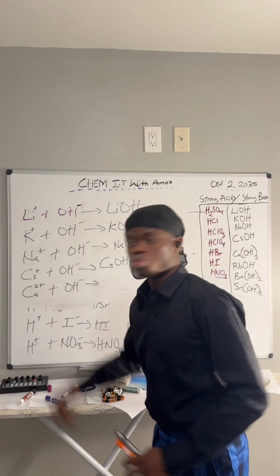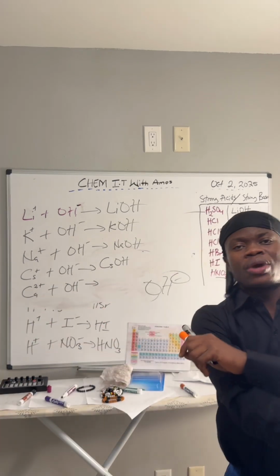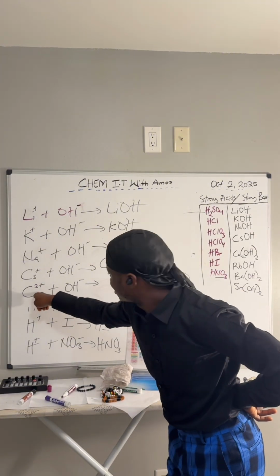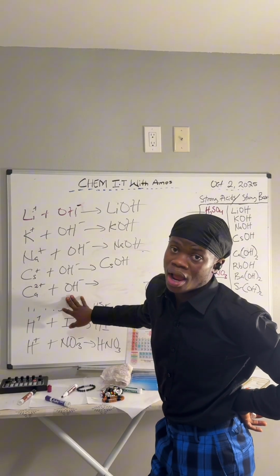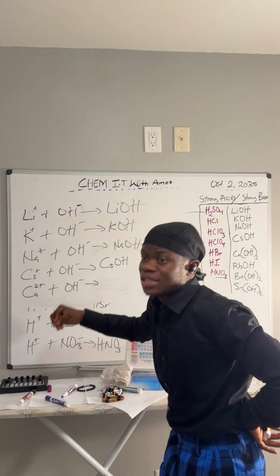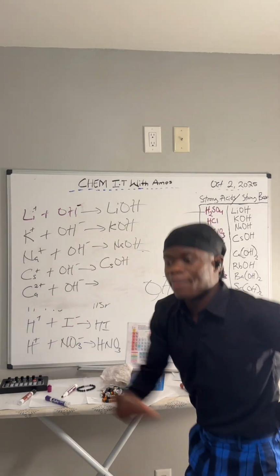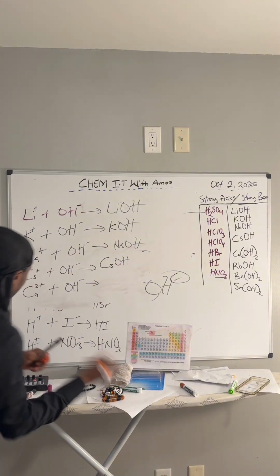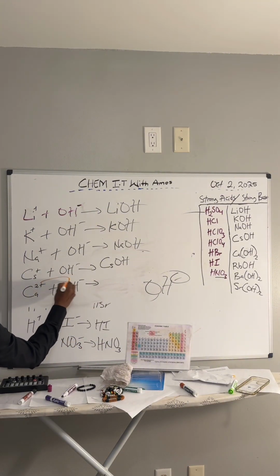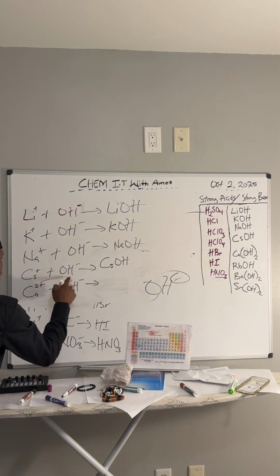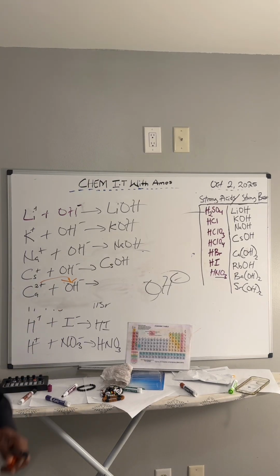They have to take 2, so they will transfer the electron because this is a metal and this is a non-metal. Ionic bonding is the transfer of electrons between a metal element and a non-metal element. So this one gives the 2 to this particular group, and both O and H accept it.